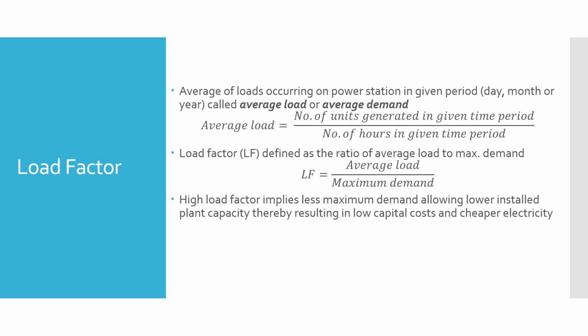In practical scenarios in real life, average load is always less than maximum demand, and it is much less. It is normally 40% of the maximum demand. But if the average load is about 60% of the maximum demand, then that plant is able to generate cheaper electricity as compared to the plant working with a load factor of 40%, where the average load is 40% of the maximum demand.